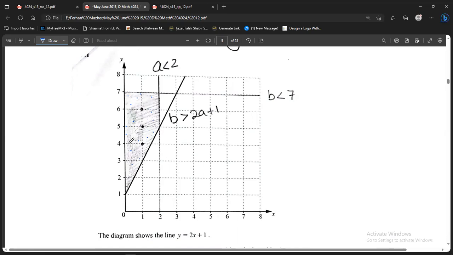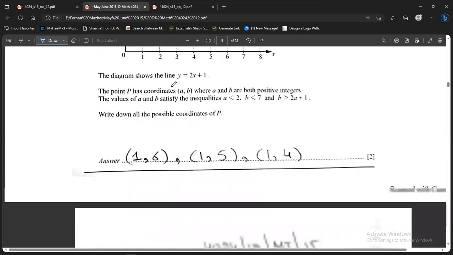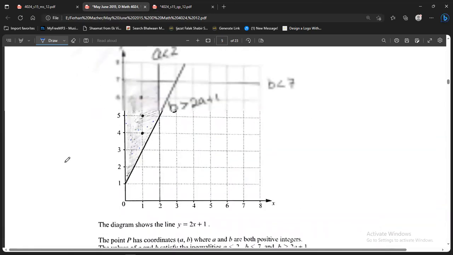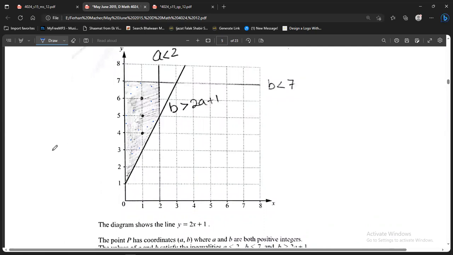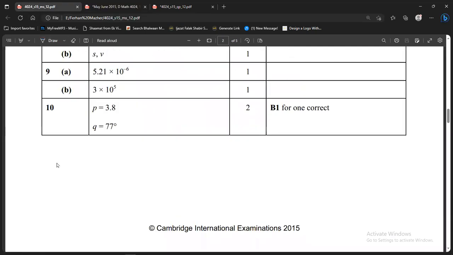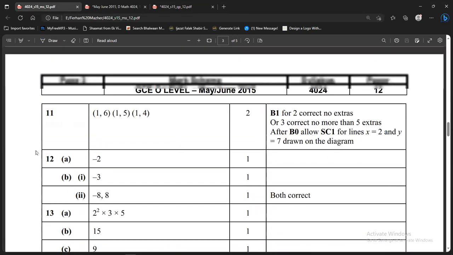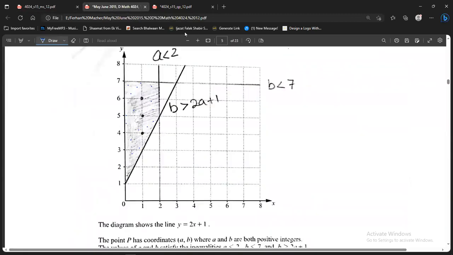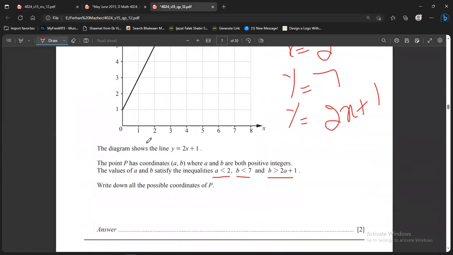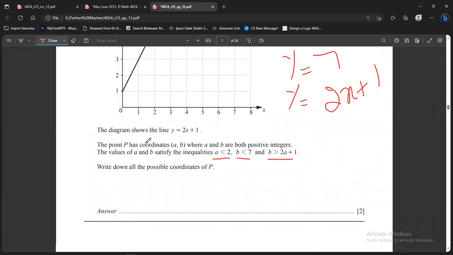All other points here do not have integer coordinates. So these are the points which are inside that area and have integer coordinates: (1, 6), (1, 5), (1, 4). So hopefully you understand this question.